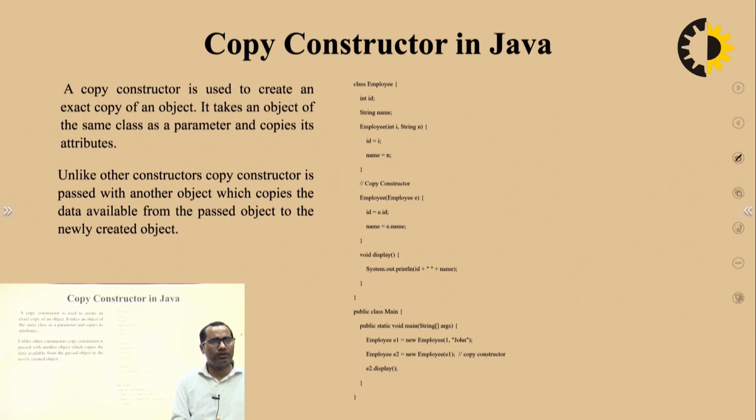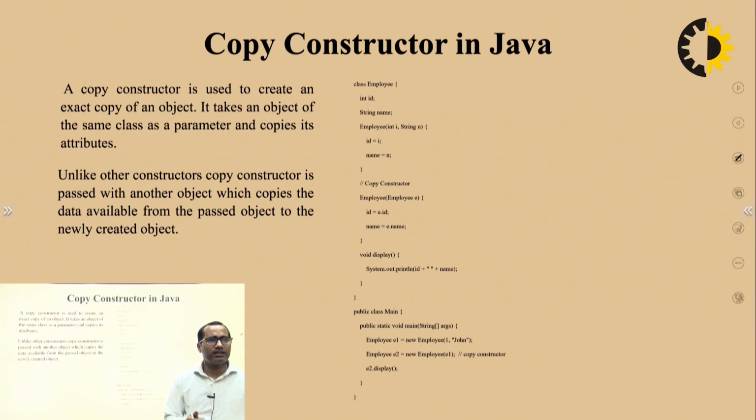But here we want to copy the same object, so what does it take as a parameter? It takes an object of the same class as a parameter, because we want to create the same copy of the object, so that it copies the attributes.